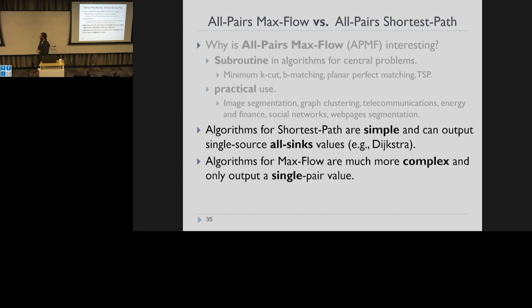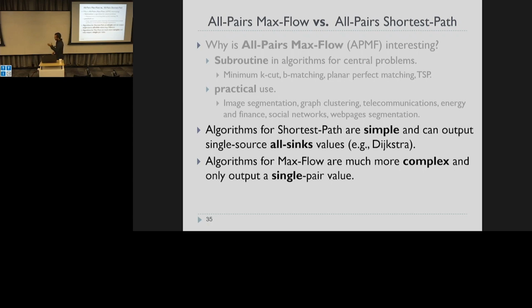They can output many values at once. Even if you just care about the shortest path between S and T, you could get, in some algorithms, for example with Dijkstra, the single source all things value, right? You want the value to get from S to T, you get from S to everybody else.